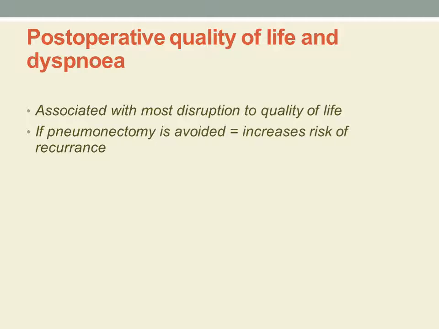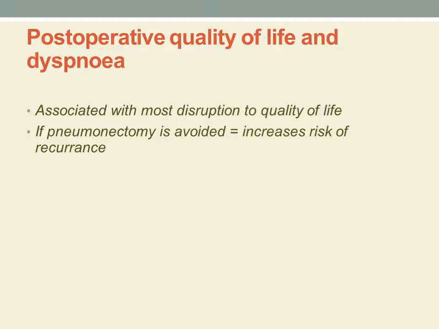Other identified risk factors for postoperative quality of life include postoperative dyspnea and administration of postoperative chemotherapy. The influence of age is less clear, with some studies reporting that elderly patients fail to make a complete recovery, and some saying there is no difference compared to younger counterparts. The risk assessment should be done.